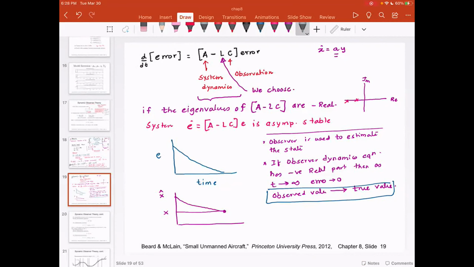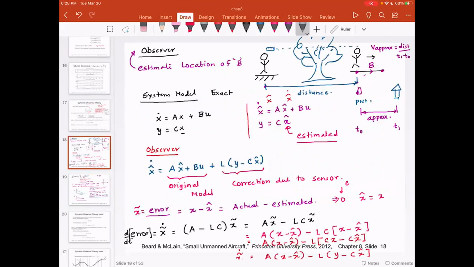So now what we are going to do is design something called a dynamic observer. What that means is this observer is dynamically changing. Let me give you the same example here. Think about it, say you have some sort of a telescope, and you are using this telescope to see where your friend is.